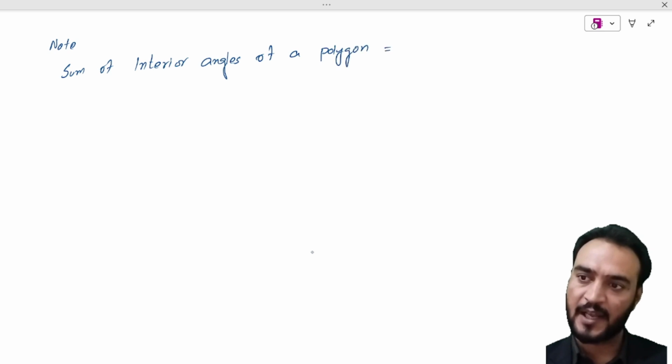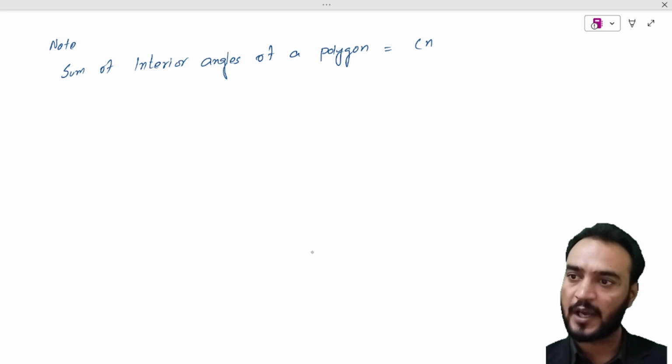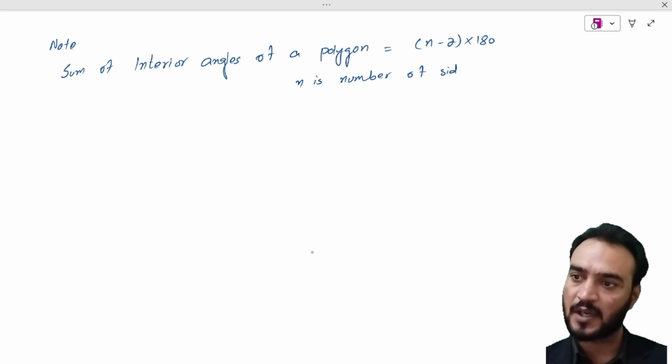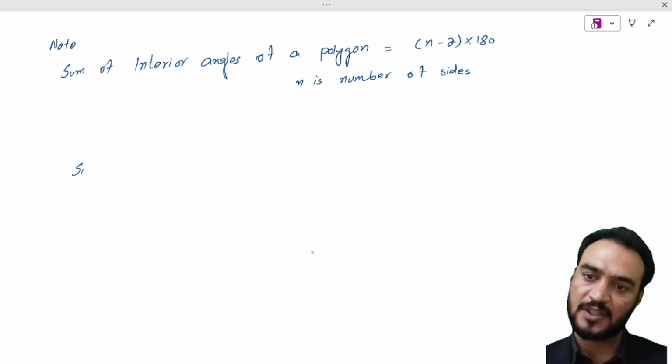Sum of interior angles of a polygon is equal to n minus 2 times 180. This is the formula for the sum of interior angles of the polygon, where n is the number of sides.